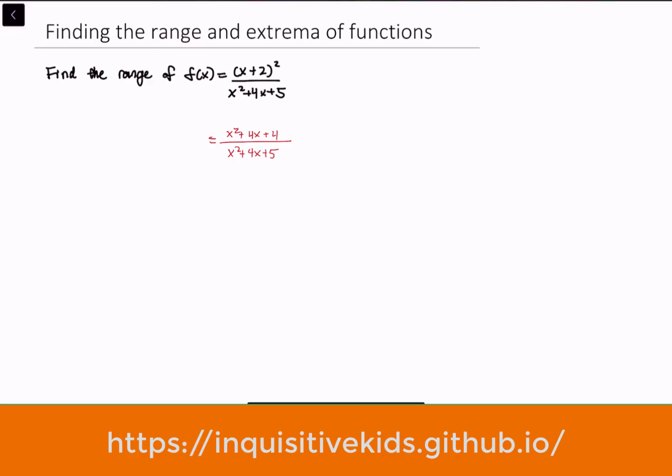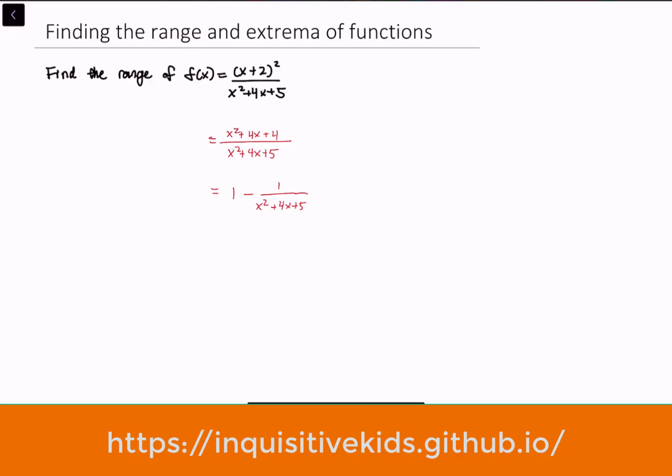Now, the numerator and the denominator are very similar. They're only apart by 1. So we can rewrite this whole thing as 1 minus 1 over the denominator. Let's pause and think about why we can do this.